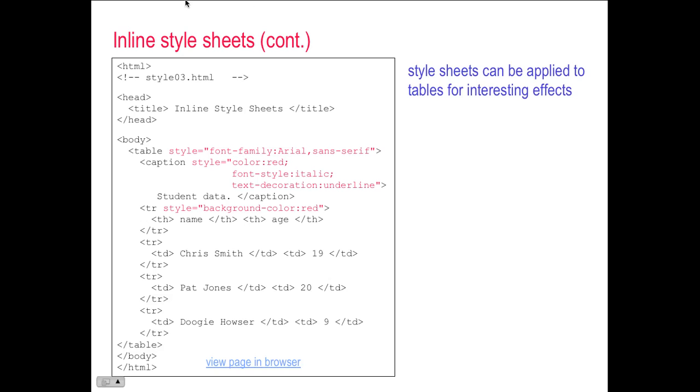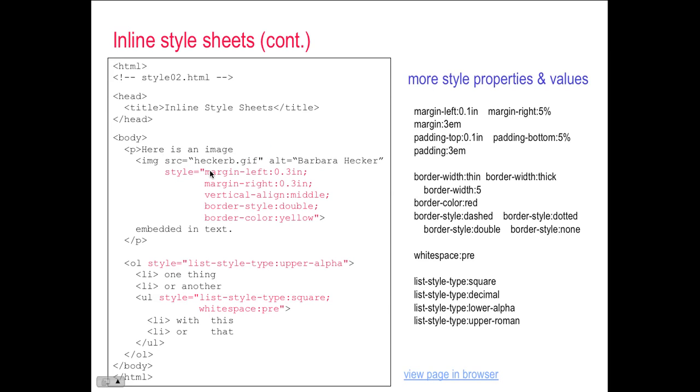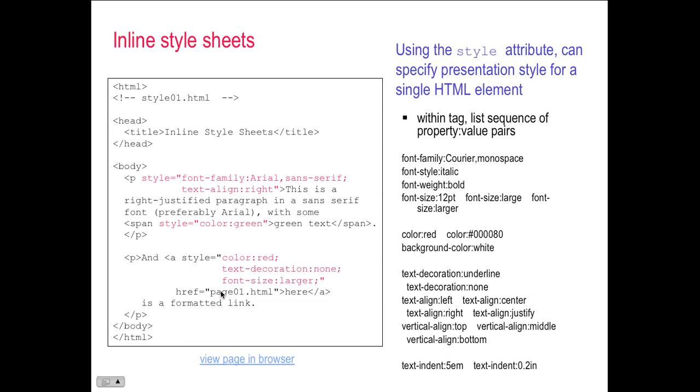So in the third example here, the style sheet is applied towards the table, so everything in the table will be associated with these different styles, versus this one here, which is applying it towards an image tag element, and then also for a list and some other, and then this one here is just taking some random styles and associating it with different paragraphs.